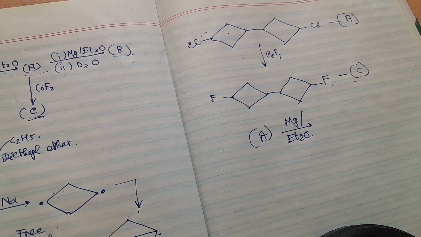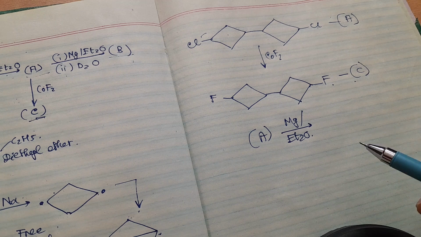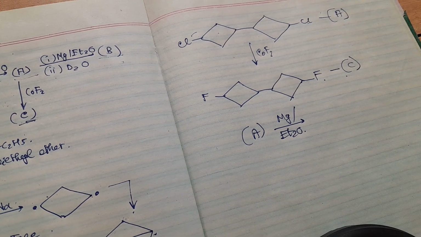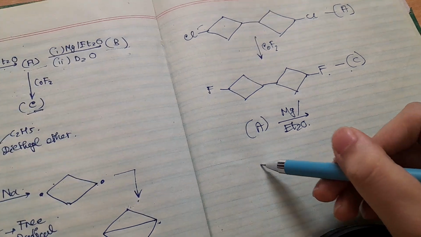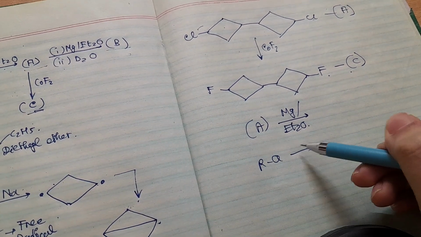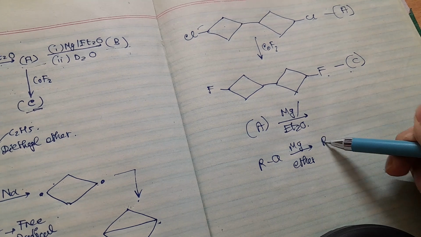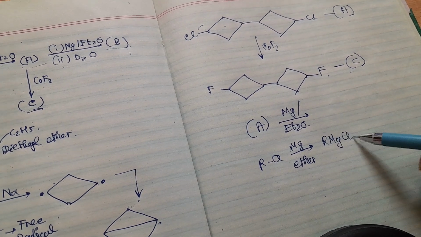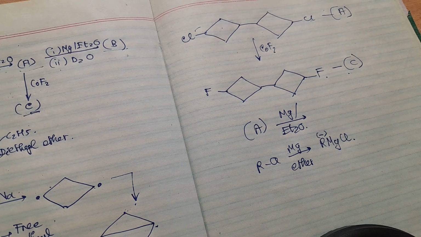We know that whenever an alkyl chloride is treated with magnesium in ether, the product is a Grignard reagent, alkyl magnesium halide, right? So what happens is that this RCl with Mg in ether will give you RMgCl, that is, the negative charge will be on the carbon of the alkyl group.